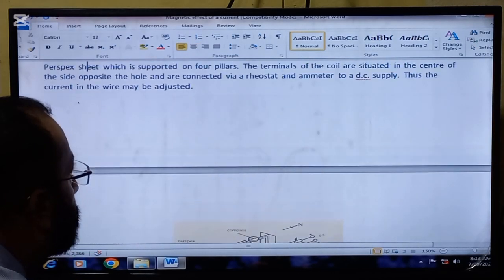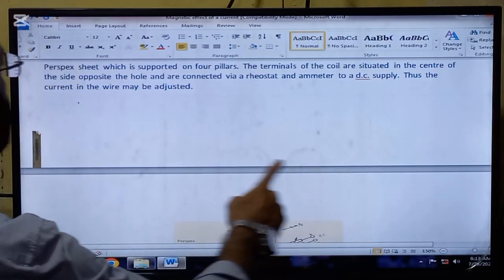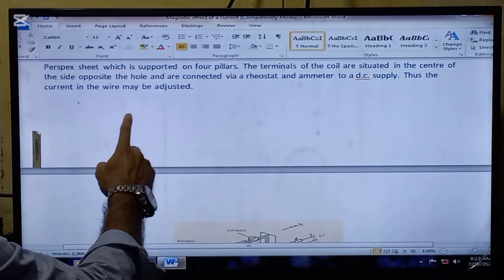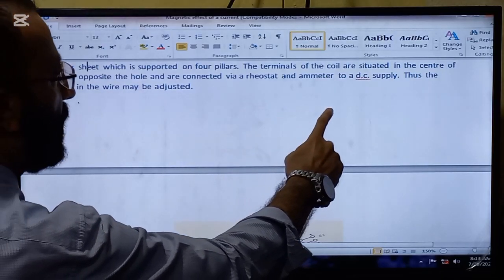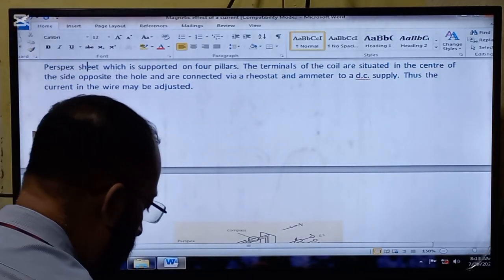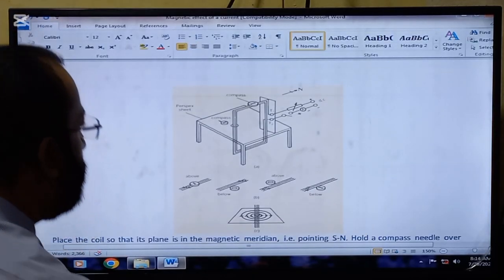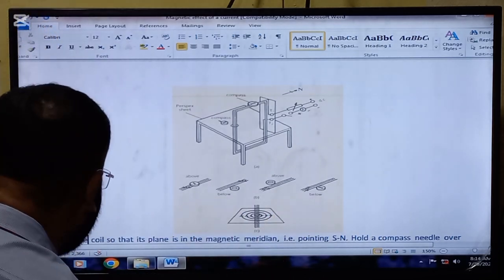The terminals of the coil are situated in the center of the side opposite to the hole and connected via a rheostat and ammeter to a direct current supply. Thus the current in the wire may be adjusted. So here you can see the setup for the investigation.